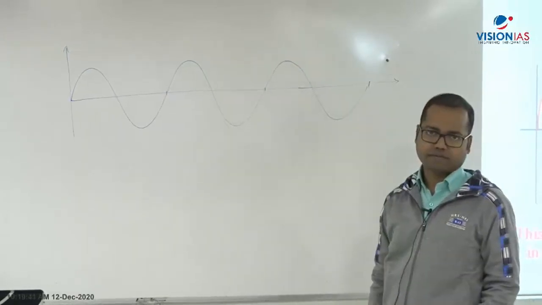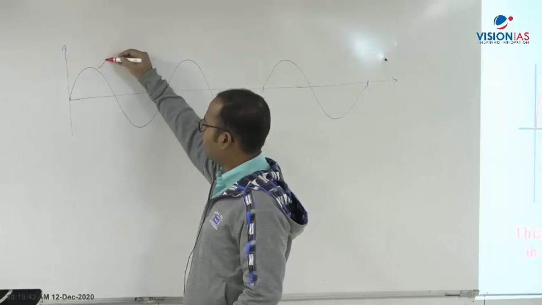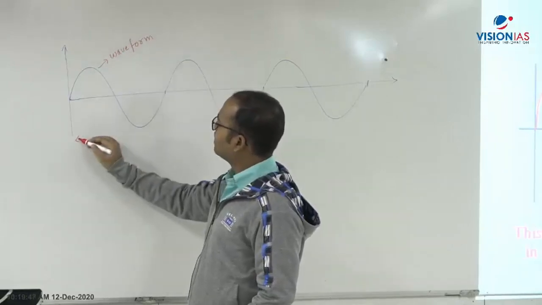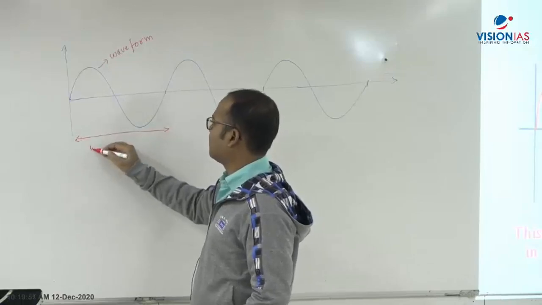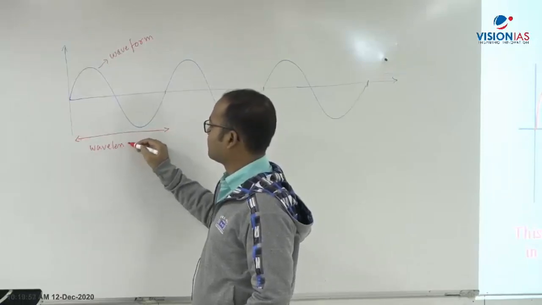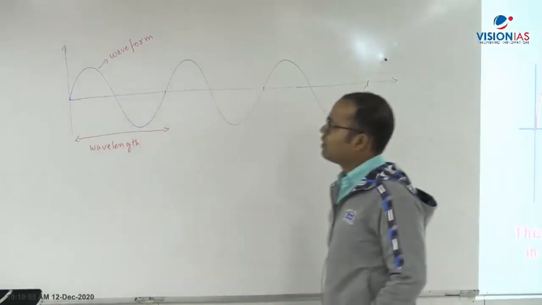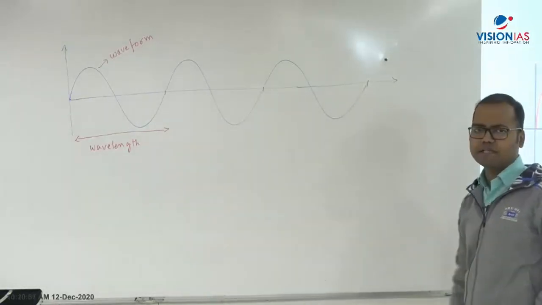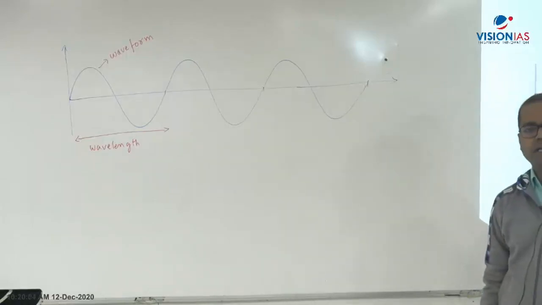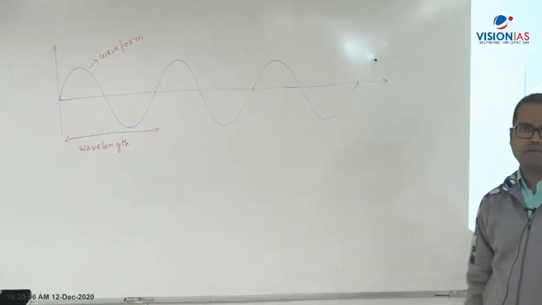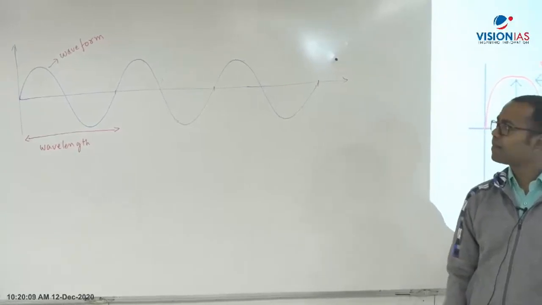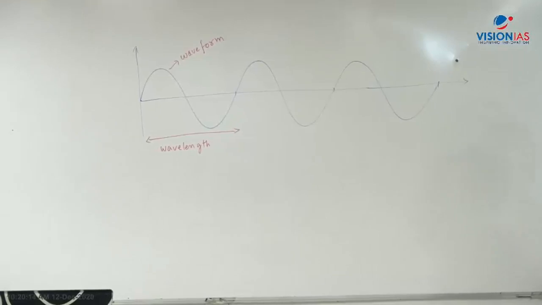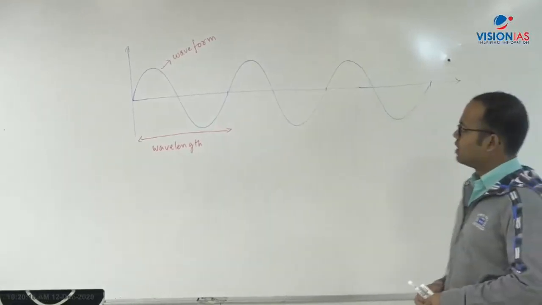So each of these parts is known as a waveform, and the length of this waveform is known as wavelength. So wavelength is nothing but the distance after which the wave is repeating itself.